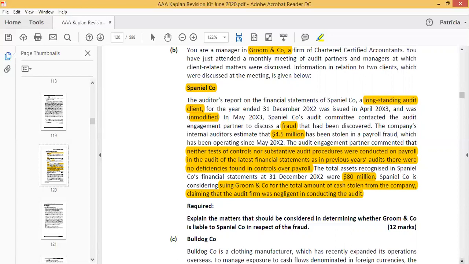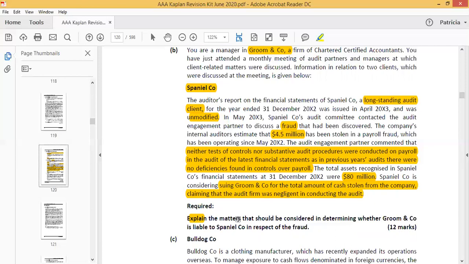So in this situation, the exam verb that we've been told here is to explain. Explaining is more like giving something in detail and the reason for it. So you don't just pinpoint areas where they should sue, but you should also pinpoint the reason why they should sue, right?